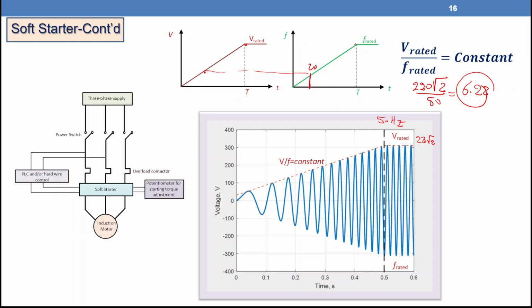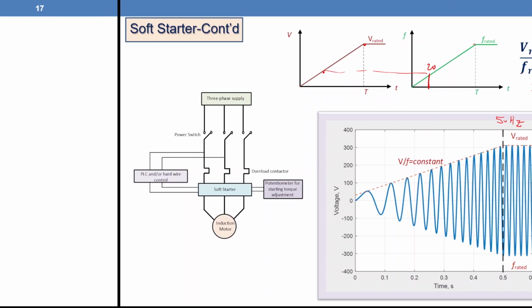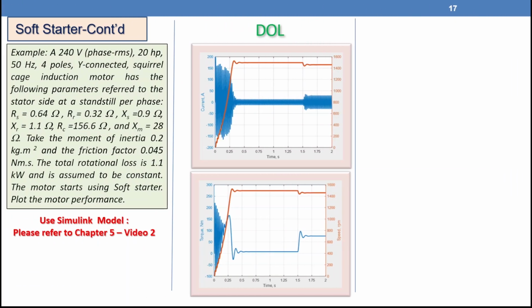So what are the implications of increasing voltage and frequency on torque and current? Let us apply the voltage waveform to the problem we had in chapter number 5, video number 2. We have a voltage of 240 volt phase RMS and the supply frequency is 50 Hertz, rated value.